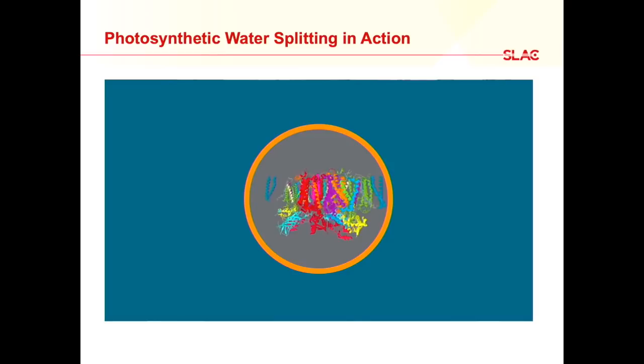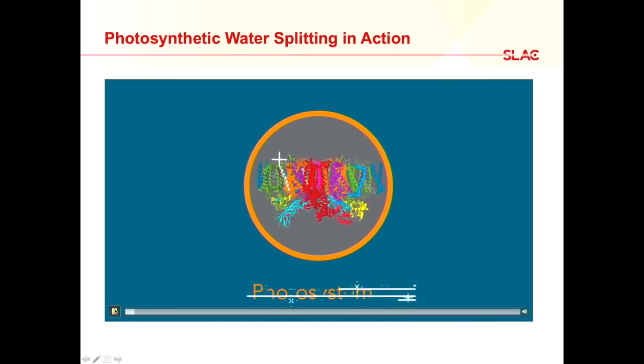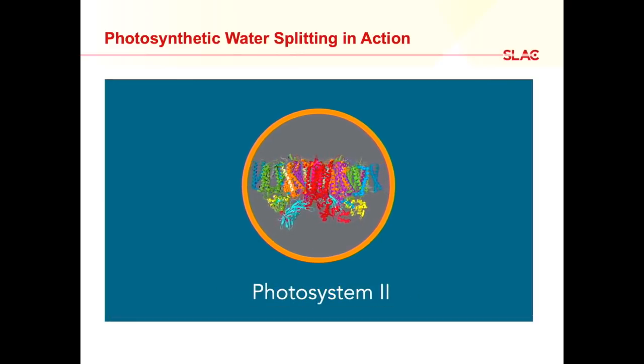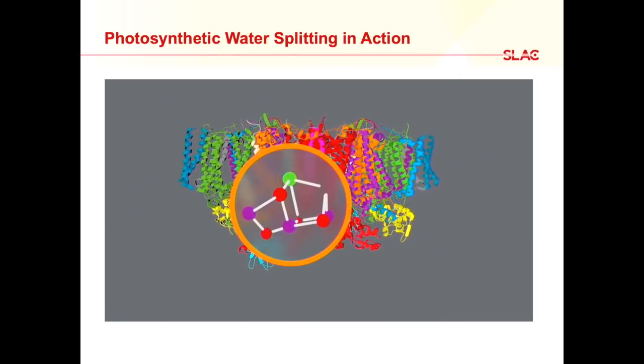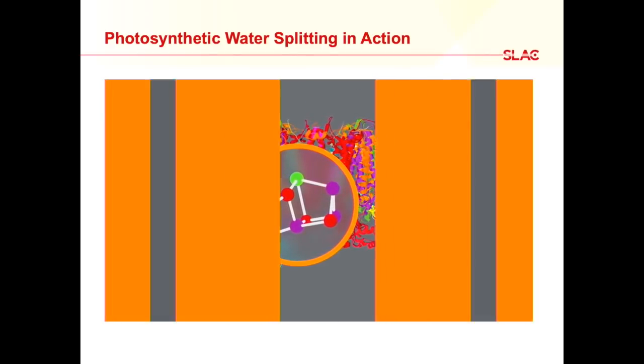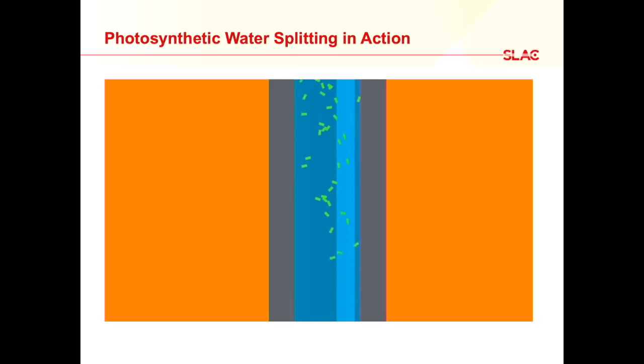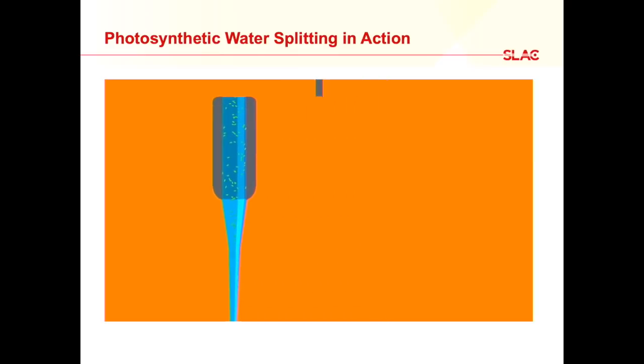And having the ability to look at these molecules at room temperature, not frozen, with flash photography of the X-ray laser allows us to try to see what happens in this reaction here. And so I have a little movie here that will sort of show how we do this. And so this is the photosystem 2 molecule. Inside there's a manganese calcium cluster where all the action happens, where there's a few atoms of manganese and calcium.